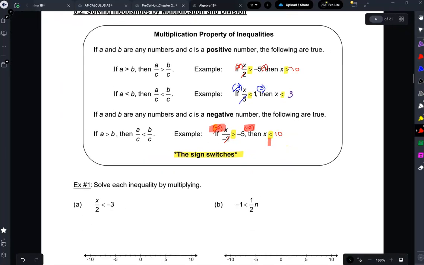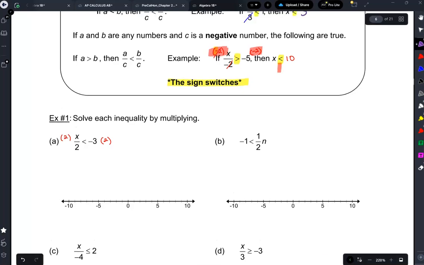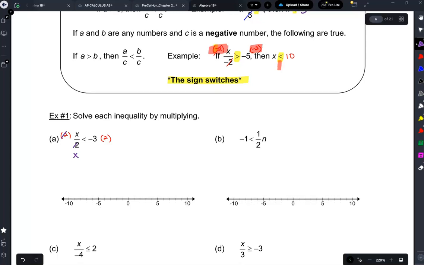Okay. So here, let's solve by multiplying. Now look. What am I going to multiply by? 2. Now look at how I do this. The 2 and the 2 here cancel. So here I have x. Here I have negative 6. Now, the thing I multiplied with, the red 2, is that positive or negative?